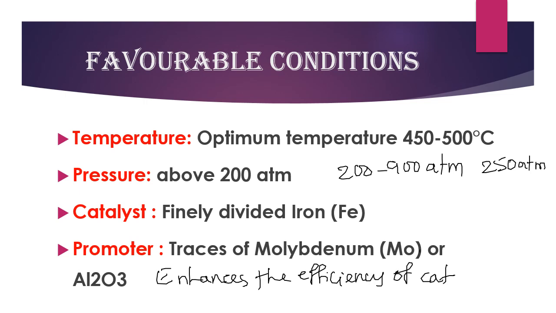Wherever you use any promoter, its role is that only. Fine. So these are the favorable conditions: 450 to 500 degrees Celsius, above 200 atmosphere, the catalyst is finely divided iron, and the promoter is traces of molybdenum or aluminium oxide.